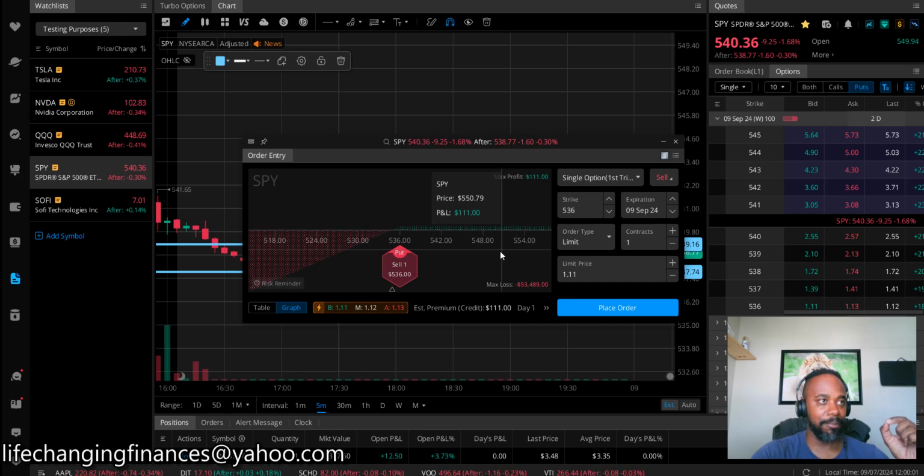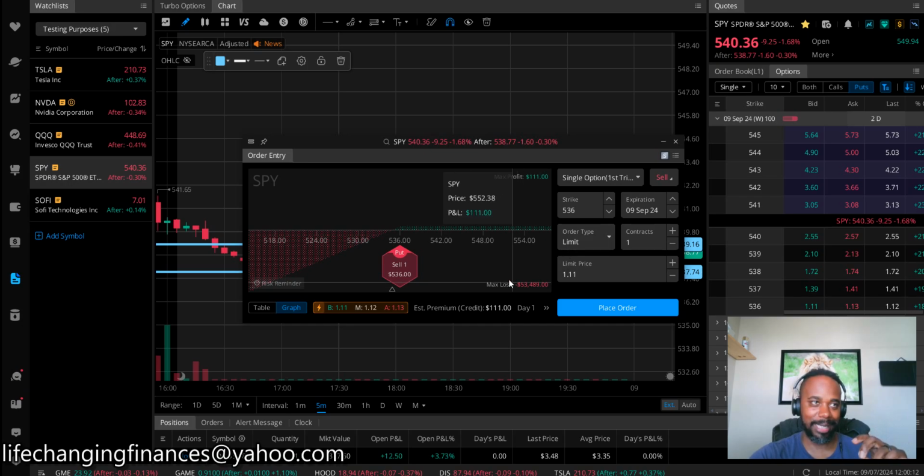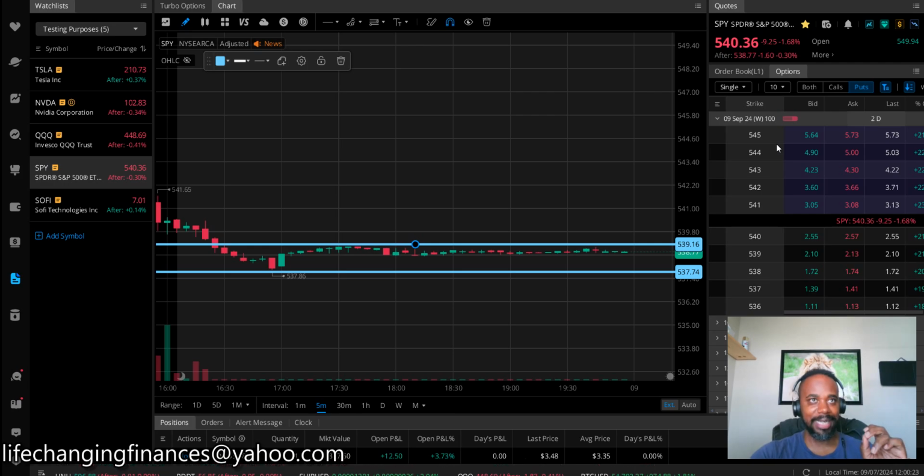Very important to know. Now, at the bottom, you see it says max loss $53,000. More than likely it's not going to happen. That's saying that the stock market would crash to absolutely nothing, and that's not going to happen. Okay, so let's exit out.